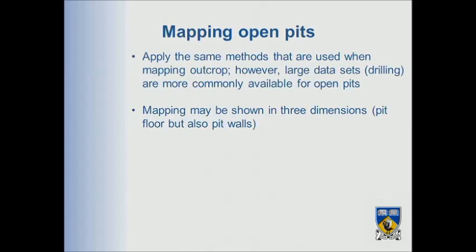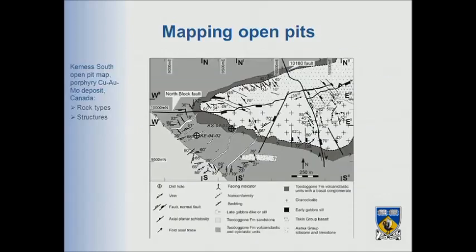And we've also got the added value of a little bit more 3D because we're actually going into a hole in the ground, so we can map cross-sections as well as the pit floor that we're walking on. So this is an example from Canada. It's an open pit. I didn't put on the pit outline here for some reason. This is for a publication, but basically where I got the data, that's the pit wall.